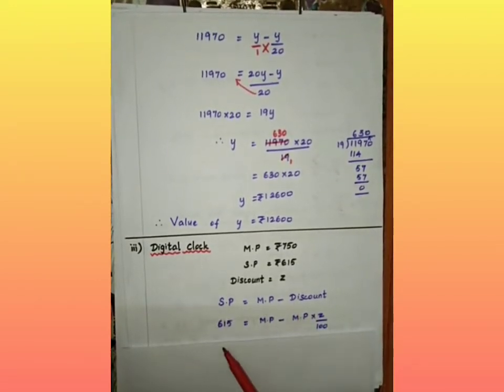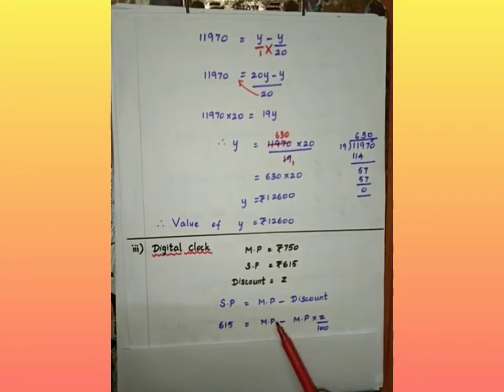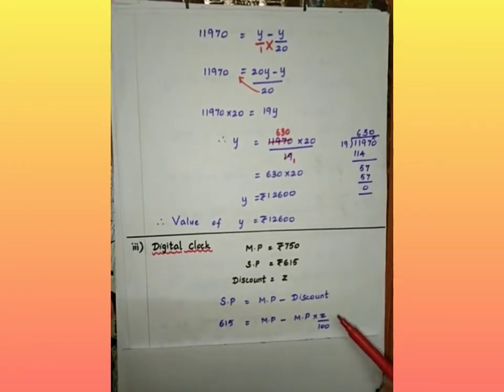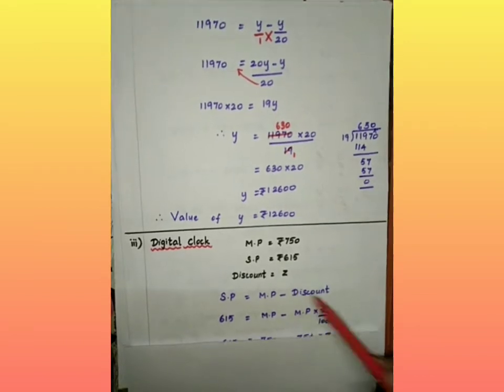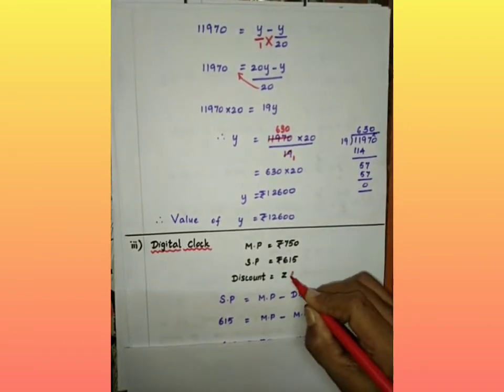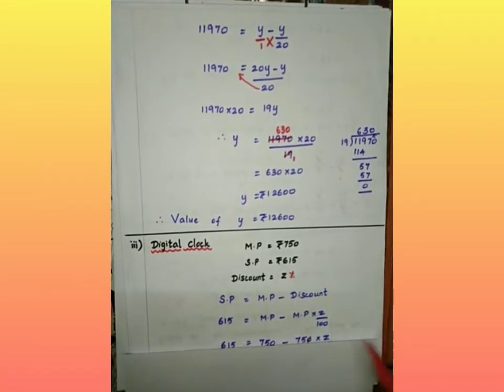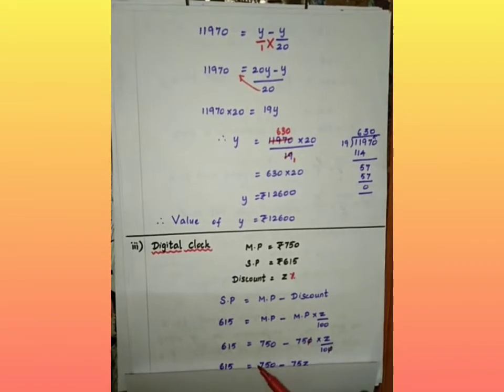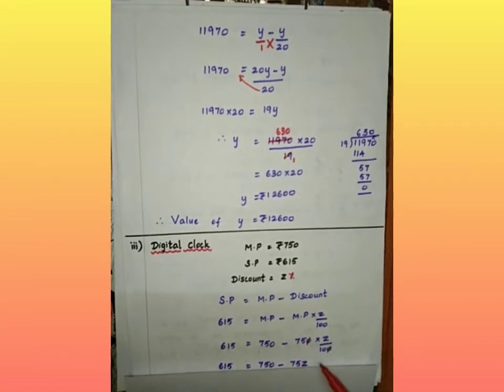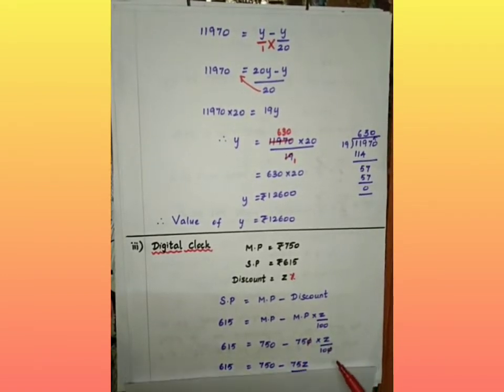SP value 615 equals MP minus discount, which is always calculated on MP. That's why MP into z by 100. This is given as percentage, therefore z by 100. Now we can apply the values. So 615 equals 750 minus 750 into z by 100.